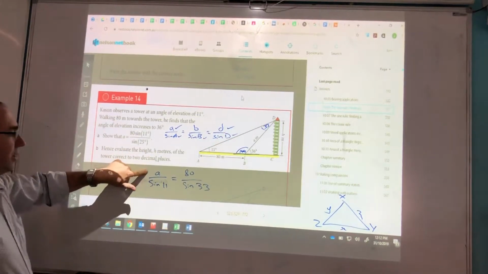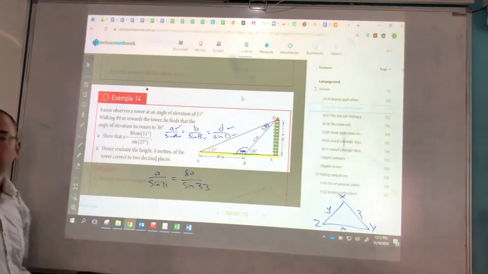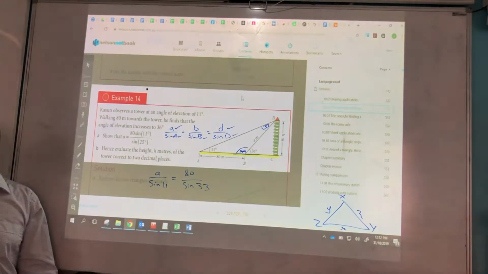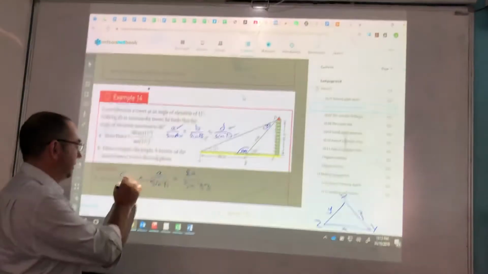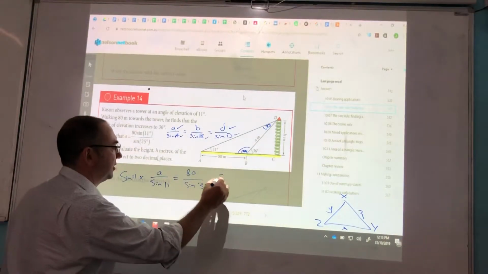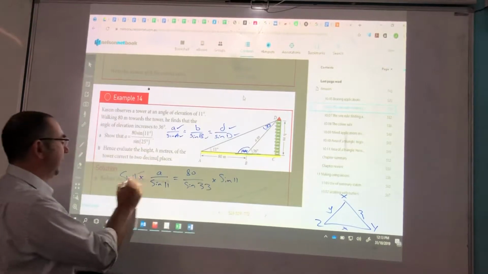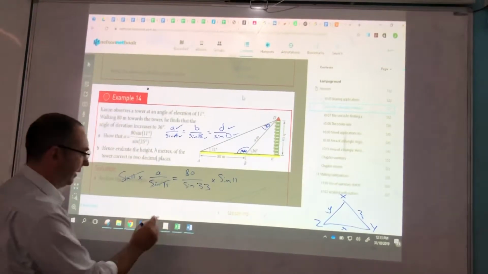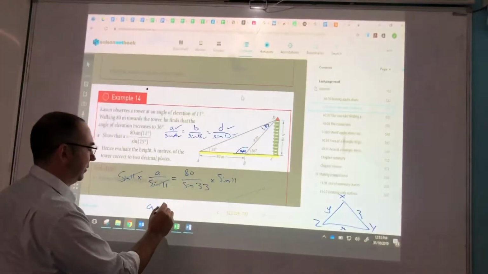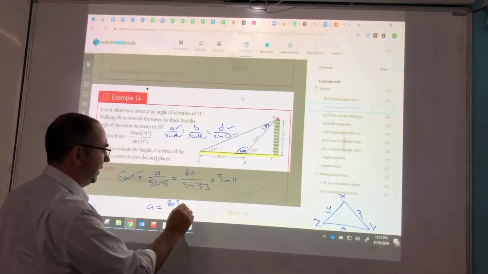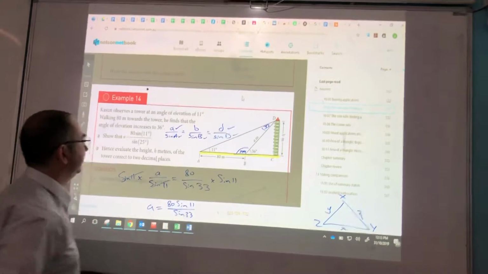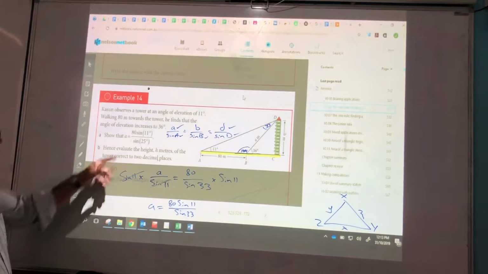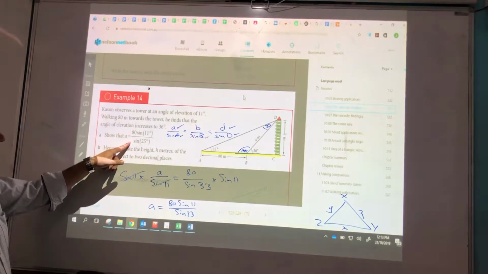We now need to solve for A. What are we going to do? We're going to multiply both sides by sine 11. The sine 11s cancel on this side, and we get A equals 80 sine 11 over sine 33, which is not what we were expecting. We wanted 25, so something's gone wrong.